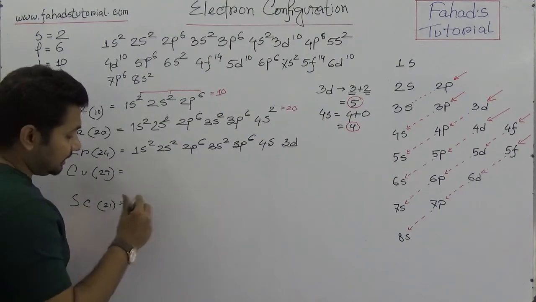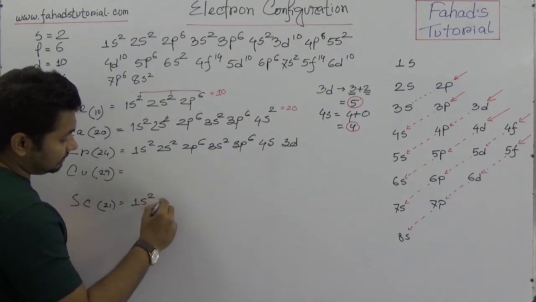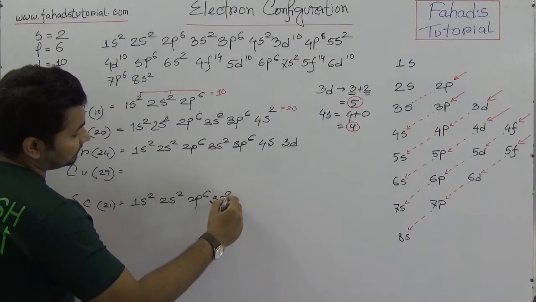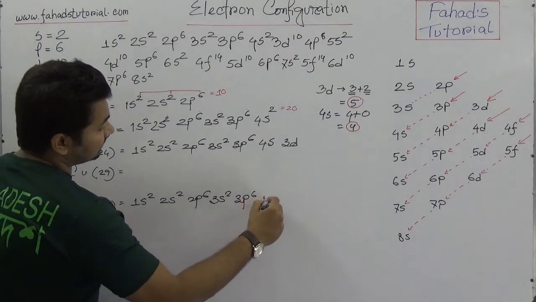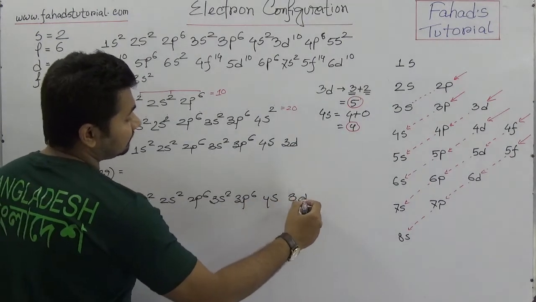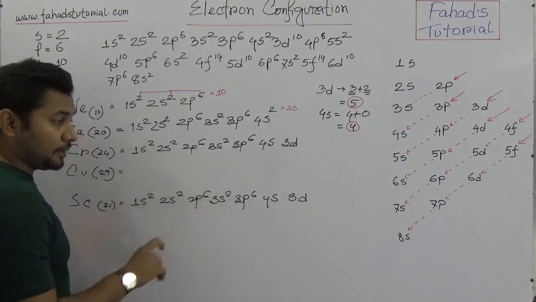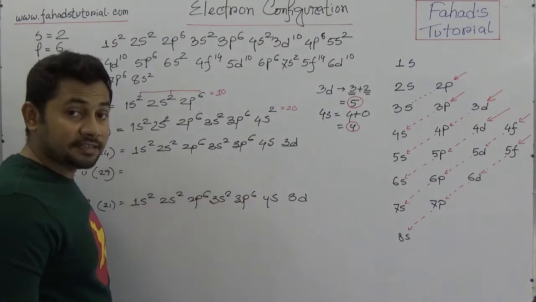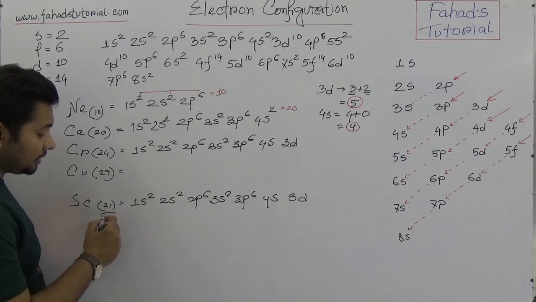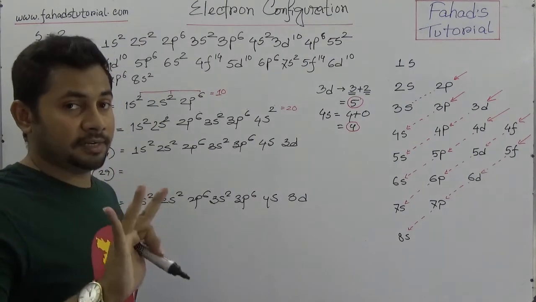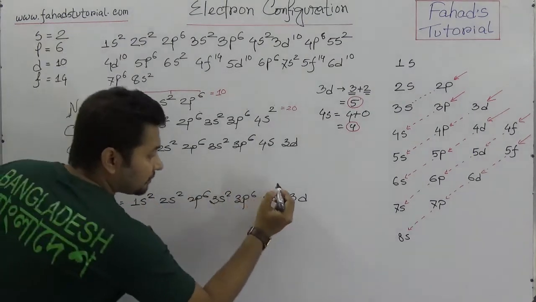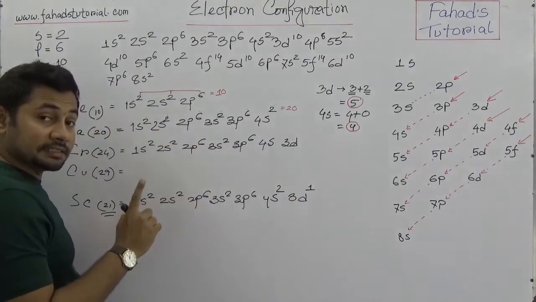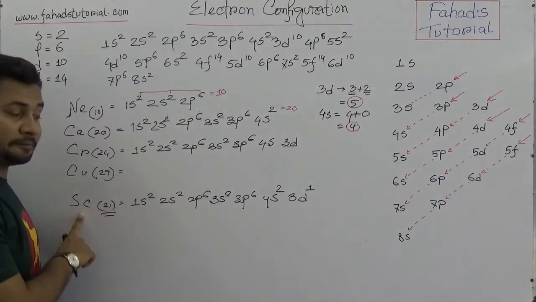If we go through the electron configuration chronologically, we will have 1s2, 2s2, 2p6, 3s2, 3p6, 4s and 3d. Here 2 plus 2 plus 6 plus 2 plus 6 is 18, but to get 21, we need to add 3 more electrons. So this is 4s2 and 3d1, the exact electron configuration of scandium.